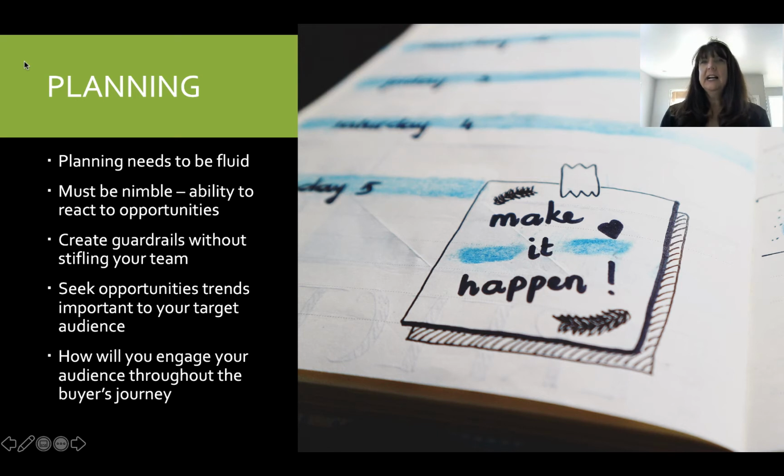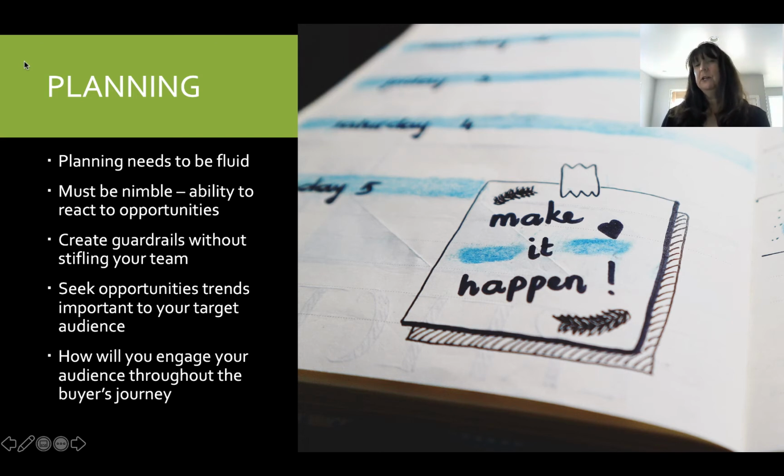But a good content strategist should be able to understand your brand well enough that they can work within the parameters or the guardrails that you set for them. So they're not constantly having to beg you for approval, because that just means you're slow-mo and you're not going to be able to capitalize on particular opportunities.